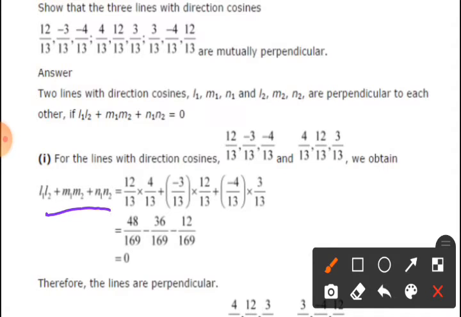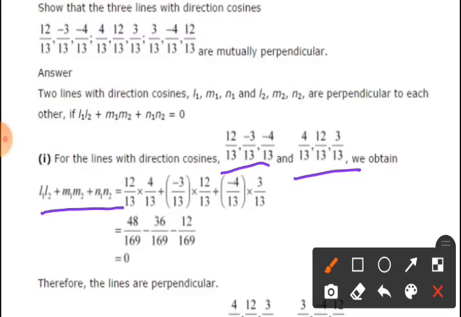Here the values are l1, m1, n1 and l2, m2, n2.